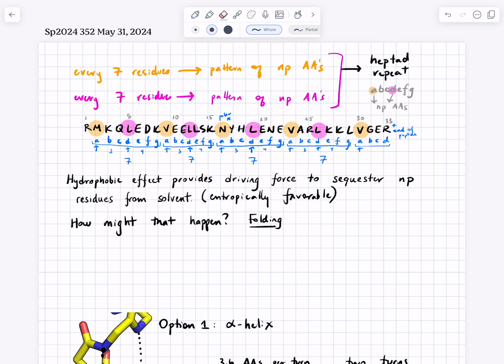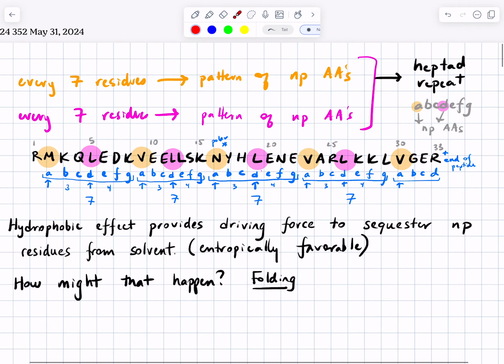Try not to get sidetracked with, am I responsible for memorizing that this particular amino acid sequence does whatever. I mean, if you want me to say yes, I can, but the answer is no. But you're supposed to understand the basic principles and be able to use those basic principles to come up with hypotheses and draw conclusions. So, I present to you a 33 residue amino acid sequence.